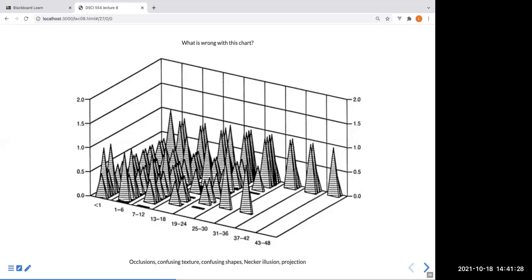So the first thing is the pattern. Here they tried to do some bar charts, and they ended up doing this pyramid. We're used to bar charts, and we can tell the lengths pretty well. But here, when we use the pyramids, it's harder to resolve the top of the pyramid.